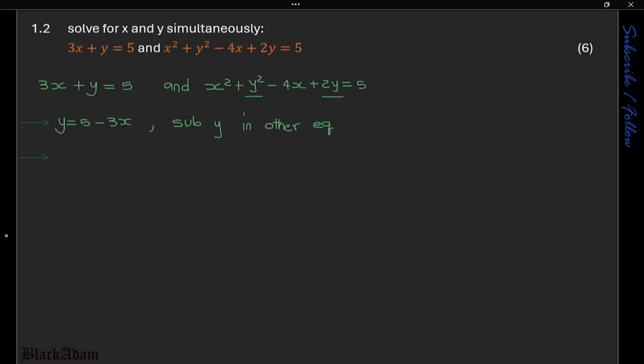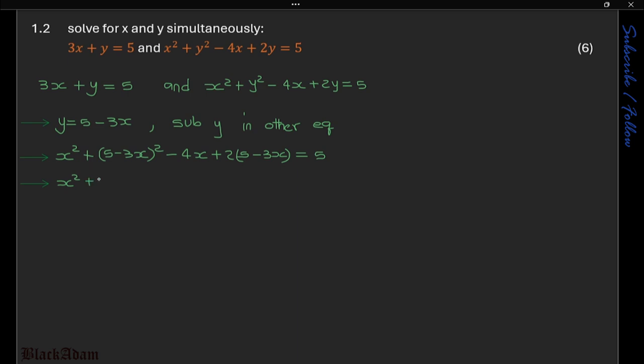In that equation we have y in two places: x squared plus y squared, where y is 5 minus 3x and all that squared, then negative 4x, and plus 2 times y, which is 5 minus 3x, all of which is equal to 5. From there, we expand this.